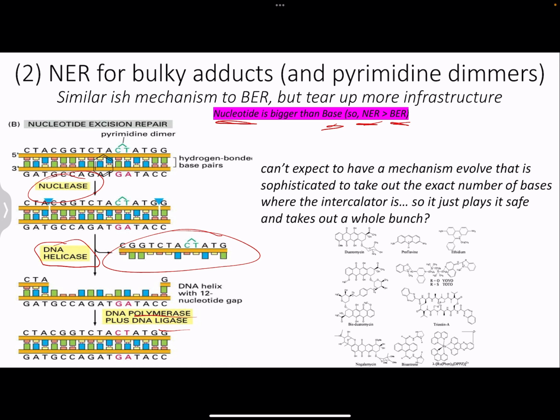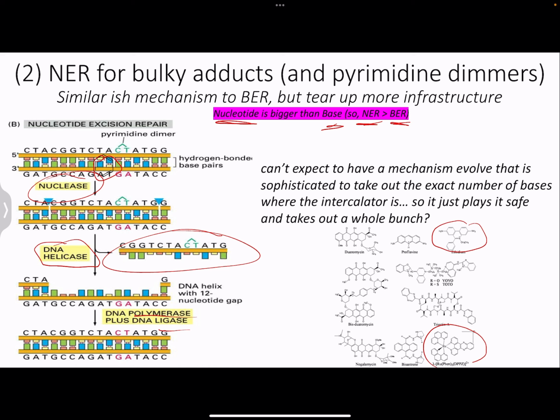The way that I also reason through this is that this is for a bulky adduct, right? Adducts, here's a benzene adduct, but any aromatic molecules can easily be intercalated. Here's ethidium bromide, but here's this other thing that's way bigger. Because there's a variation in sizes for the things that can get stuck in, it's unlikely that we've evolved such a sophisticated system that it can take out exactly the right length of nucleotides to coordinate with how big the bulky adduct is.